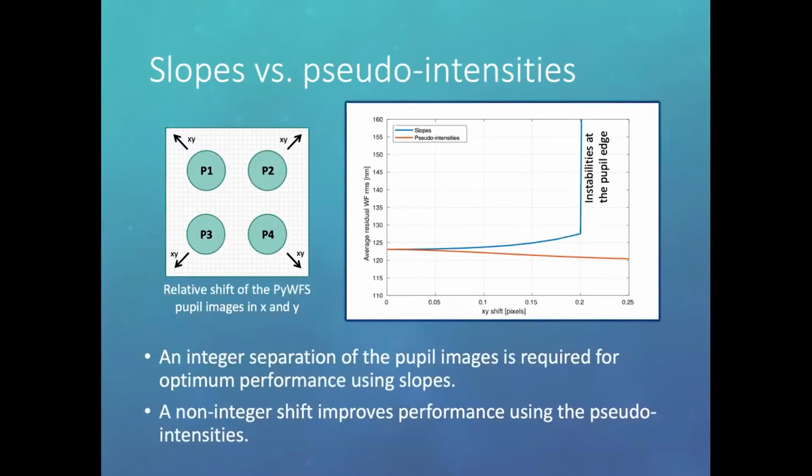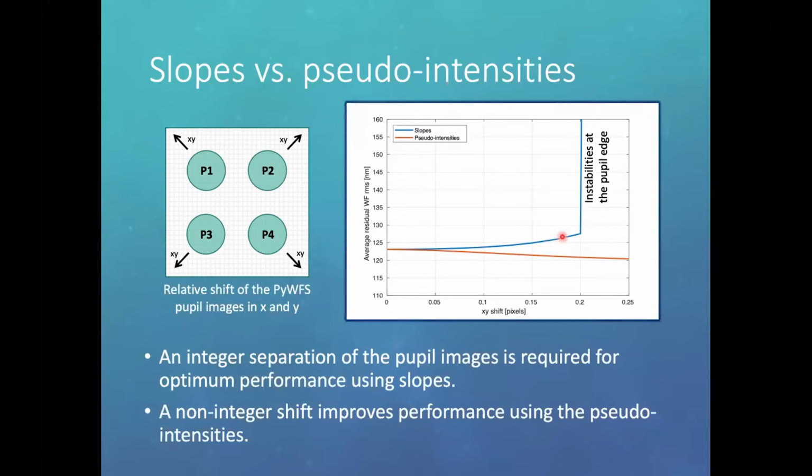And we did some tests of this. This is a simulation where I'm shifting each of the pupil images in X and Y, up to 1/4 of a pixel, which would correspond to half a pixel separation of the pupil images. And you can see that for the slopes, the performance starts to degrade. Eventually it becomes unstable, but this is really concentrated at the pupil edge, and I think with some regularization, we'd be able to avoid the instabilities.